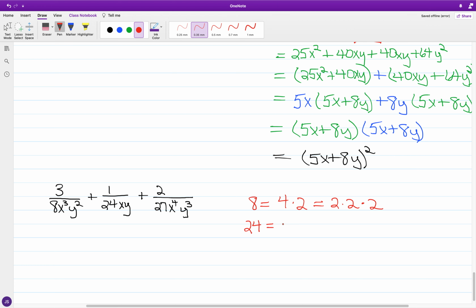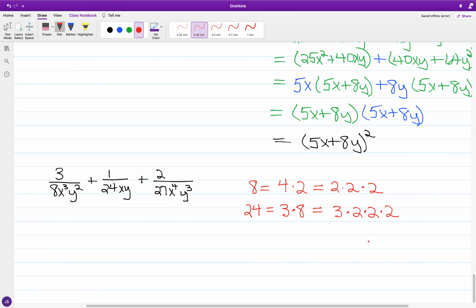And for 24, you have 3 times 8. And guess what? 8 we already have as 2 times 2 times 2. So that would be the prime factorization of 24. And as for 27, 27 would be 9 times 3, and 9 is 3 times 3.